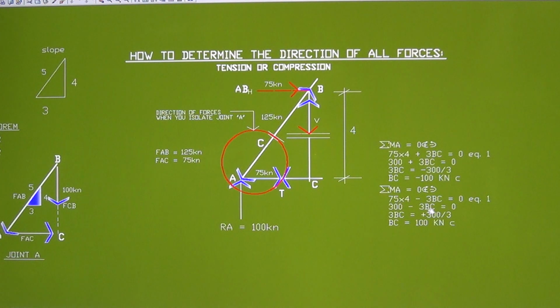Again, to solve for the unknown, we have to transpose one term of the equation.